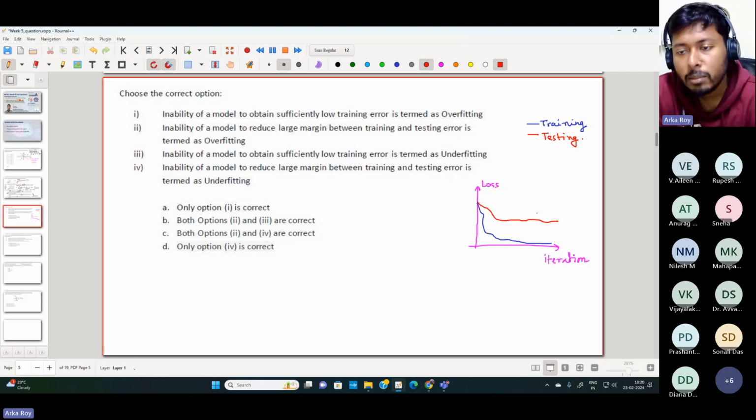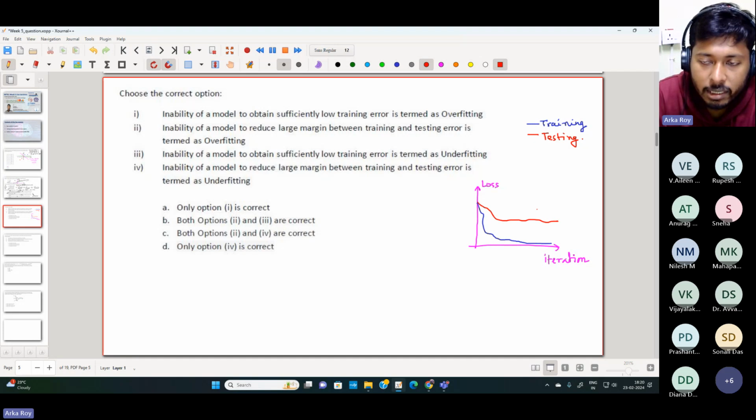That means while training, the model performs very well. It is able to recognize each and every sample from the training data set. And while testing, your model is not able to perform that well, which was there in the case of training time. So this particular gap basically shows that the model is overfitted.